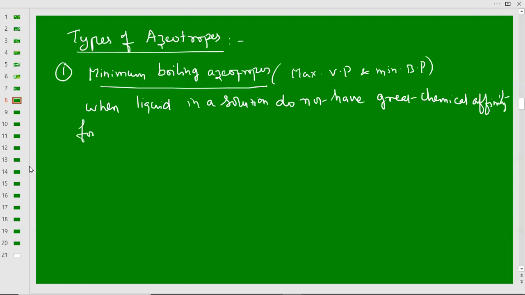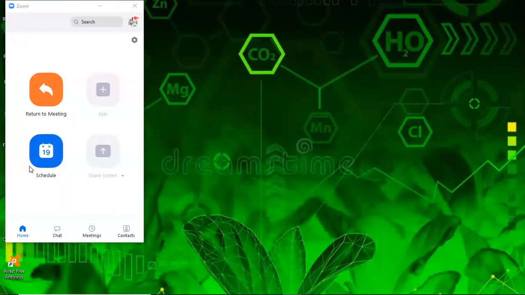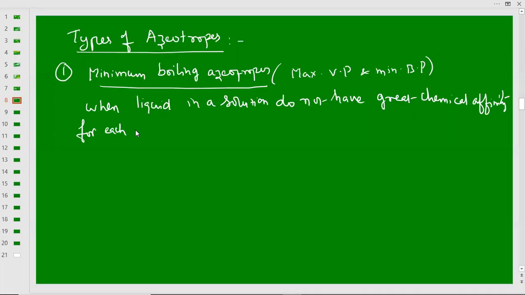Generally, the two components don't have any great chemical affinity for each other. Then the boiling point is lower and evaporation is more, so they will show positive deviation from ideality.